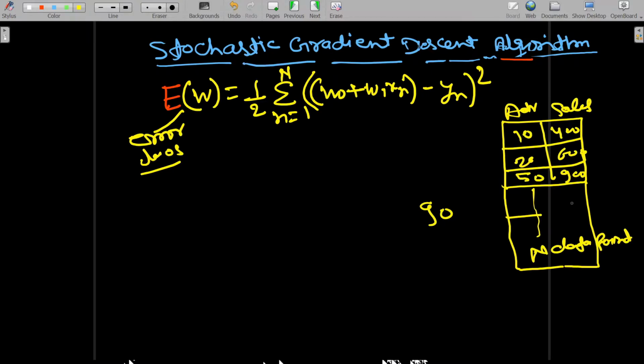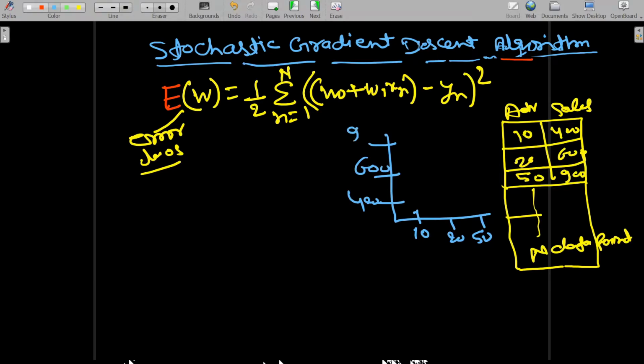So we have to find a linear regression model which will predict by learning from this particular training data. What is the actual meaning of this? If you plot this, when we put 10, 20 and 50, it is 400, 600 and then 900.